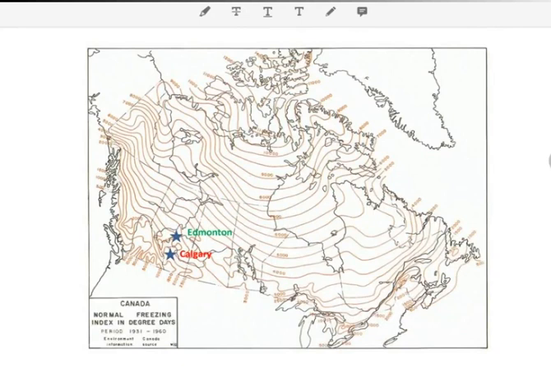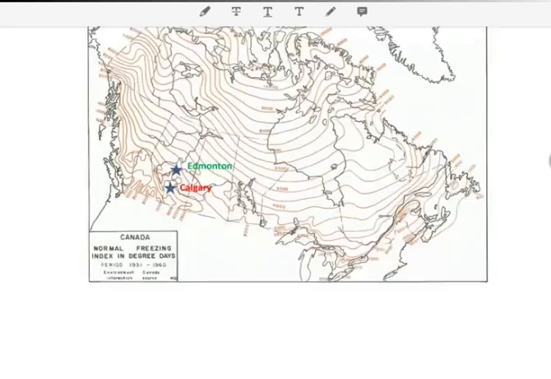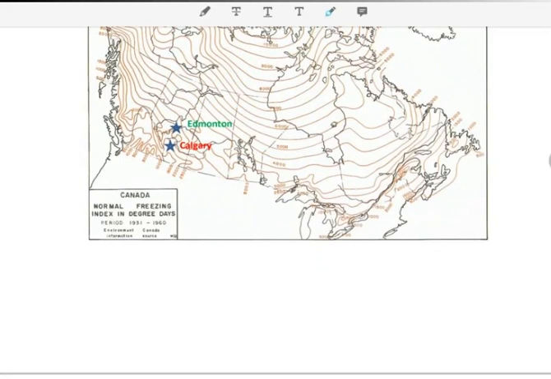This is the AFI map of Canada. We have a lot of equivalent AFI lines across the entire Canada, and you can find the location of Edmonton and Calgary and use these equivalent lines to determine the AFI for Edmonton and Calgary.